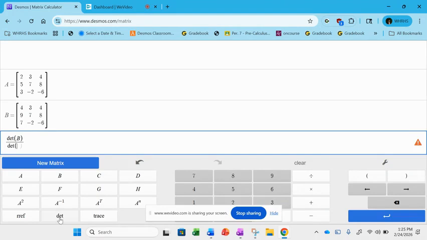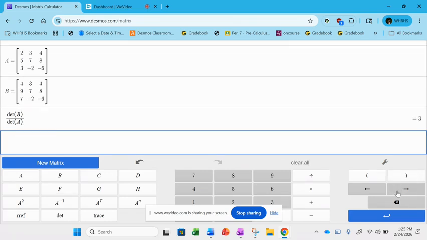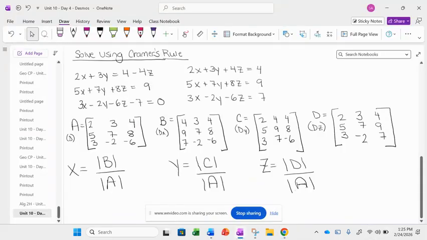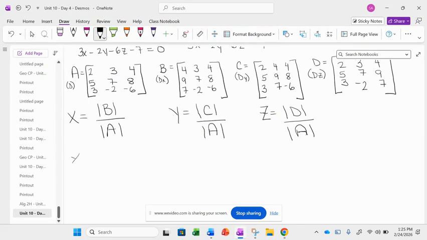And then I'll press determinant of matrix A and close my parentheses one more time. And then we press enter. And what do we get for x? 3. How much easier was that instead of doing the minor or diagonal method? So x would equal 3. If you kept doing this, you'd get y is equal to -2 and z is equal to 1.